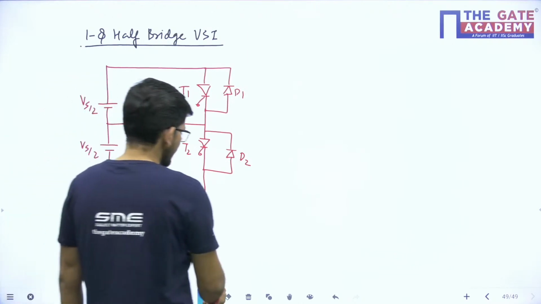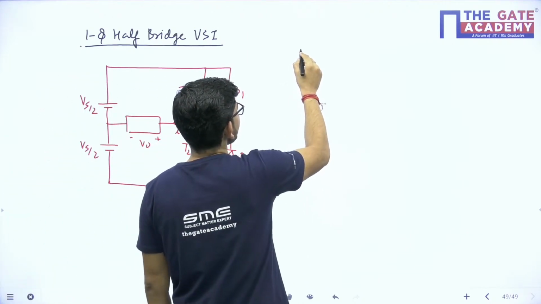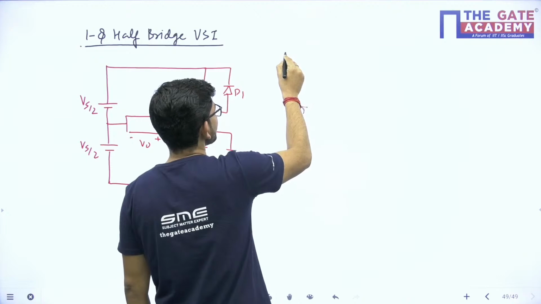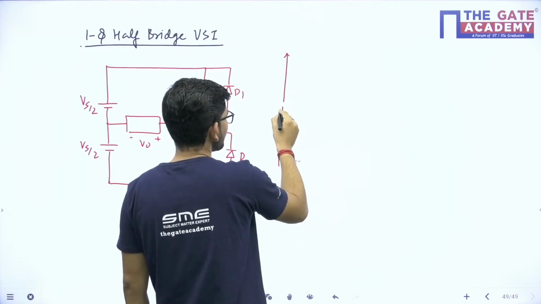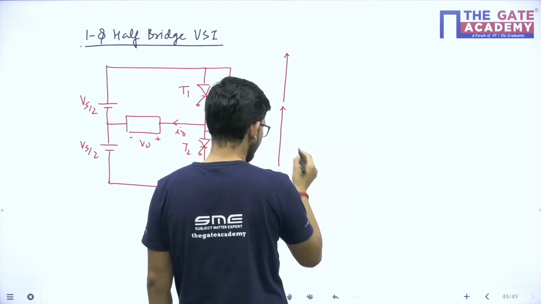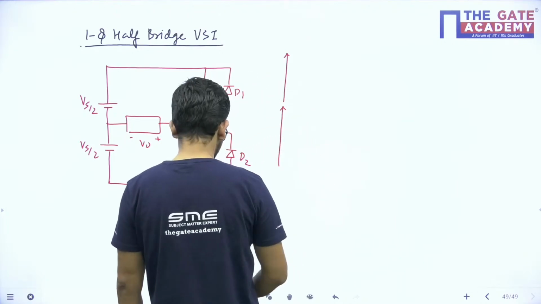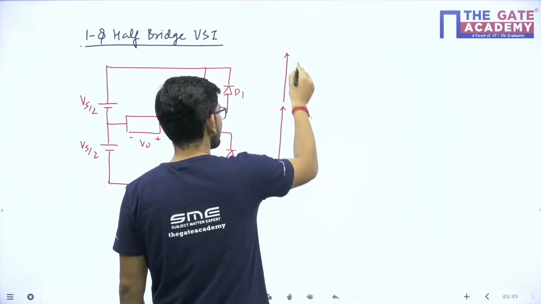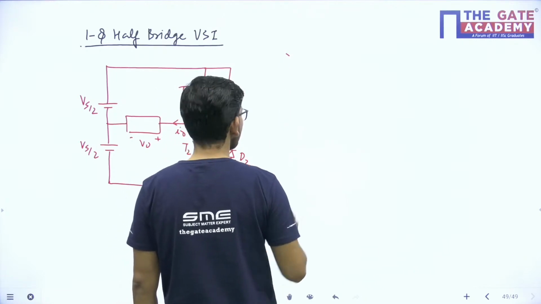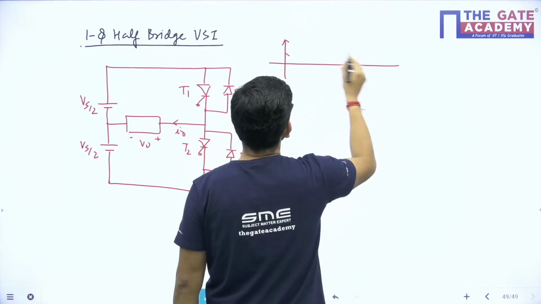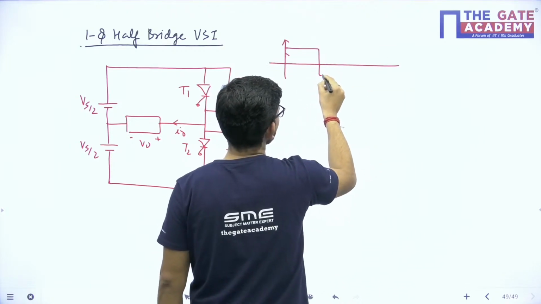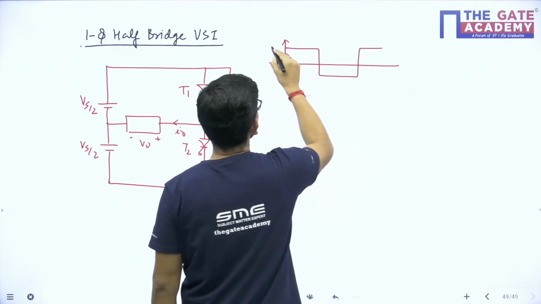Okay, so let me discuss the voltage waveform for different loads here. First of all, let me draw the voltage waveform, and let me utilize the space effectively. Suppose this is my voltage waveform. I will be getting a voltage of Vs by 2 and minus Vs by 2.